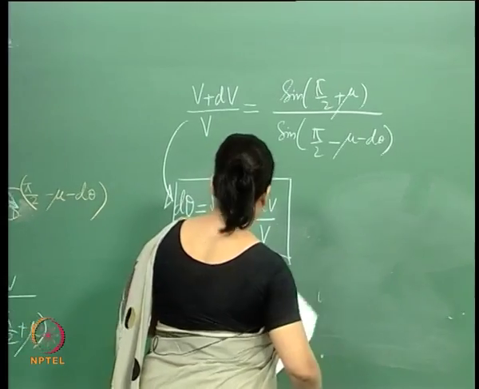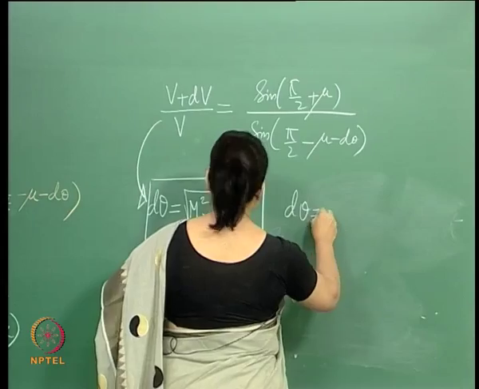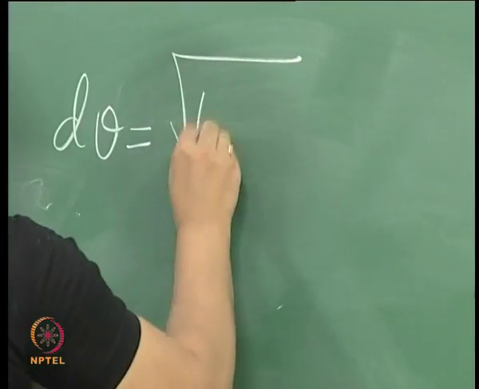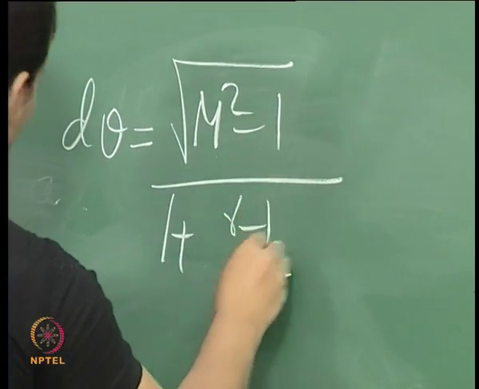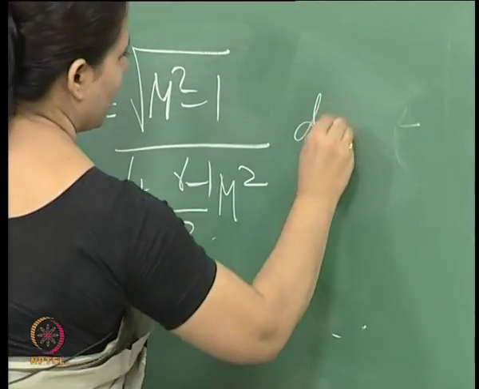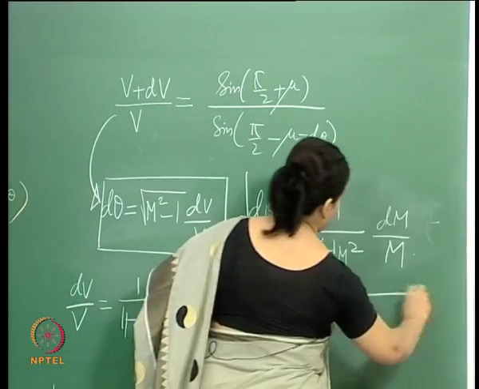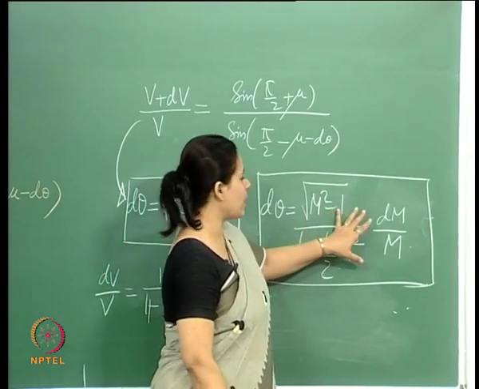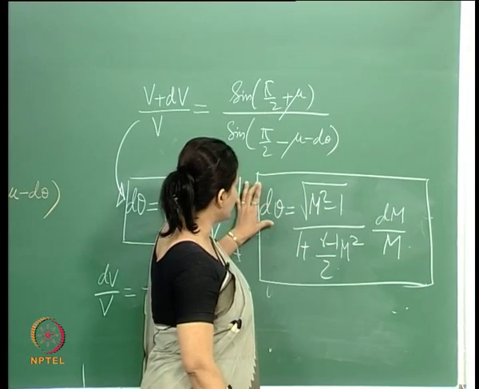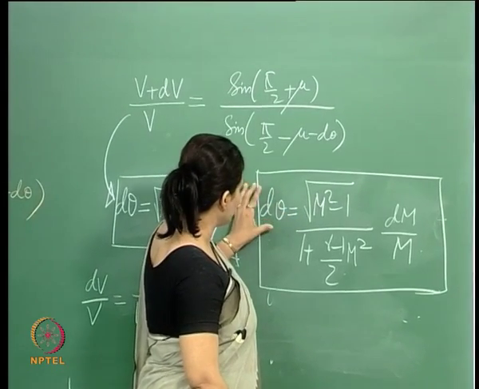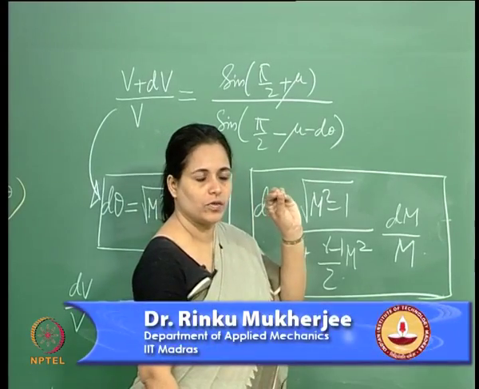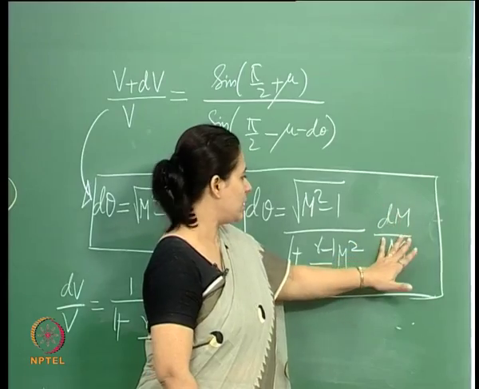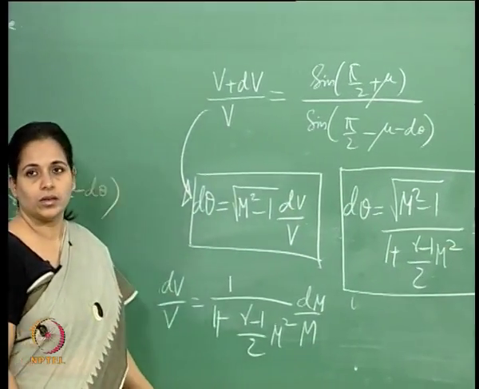So therefore, what we can write is that d theta is equal to square root of M square minus 1 divided by 1 plus gamma minus 1 by 2 M square, times dM by M. So what we are seeing over here is that for a given Mach number, if you turn the flow for an infinitesimal change in the turning angle d theta, this is the relationship between the change in the Mach number and the change in the deflection angle, right.